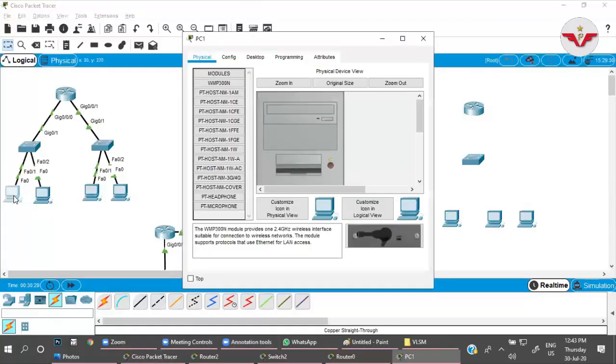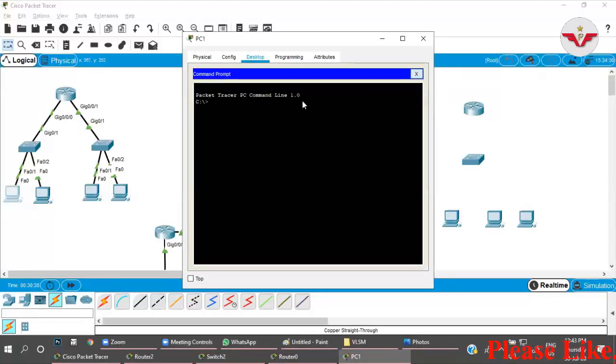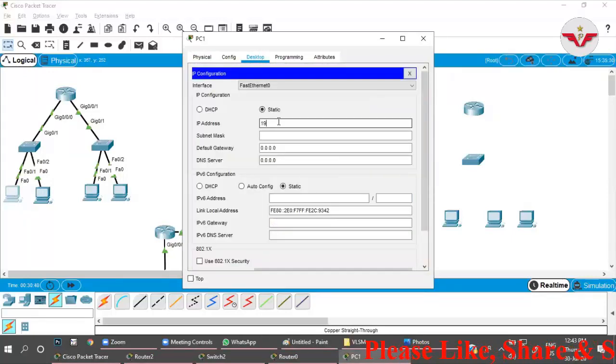Now let's go to the PC and give an IP address of the same network. This is the faculty network PC. I will give the IP to this PC as 192.168.0.130, right? 129 is the IP address of the router, so 130 I am giving to this PC. The subnet mask would be 224, and the default gateway is 129.